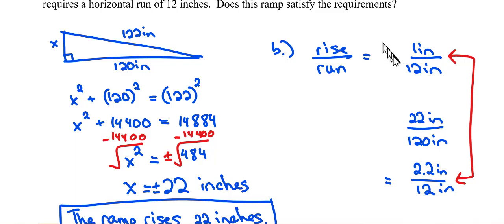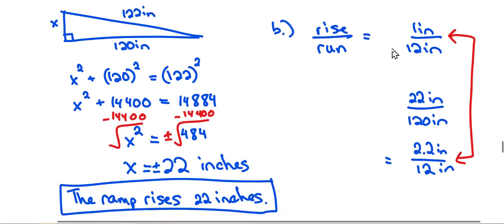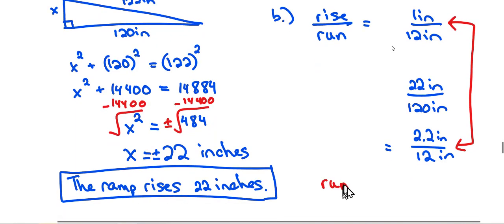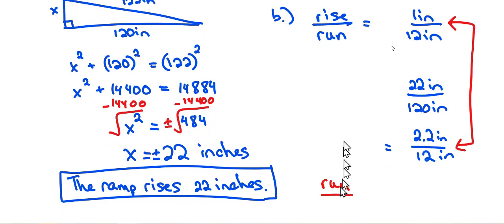Maybe it's easier to look at this a different way. I was thinking rise over run because of slope, and that's what we're used to. I'm going to look at it a little bit differently because I really want to know that 12 inches. Run over rise. 12 inches over 1 inch is my goal here.